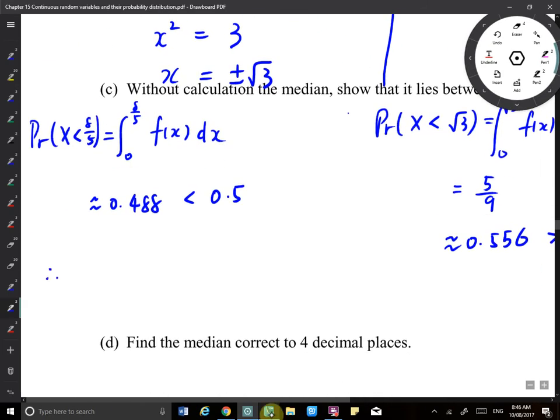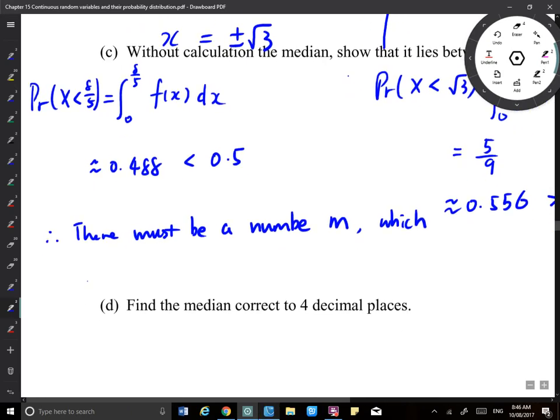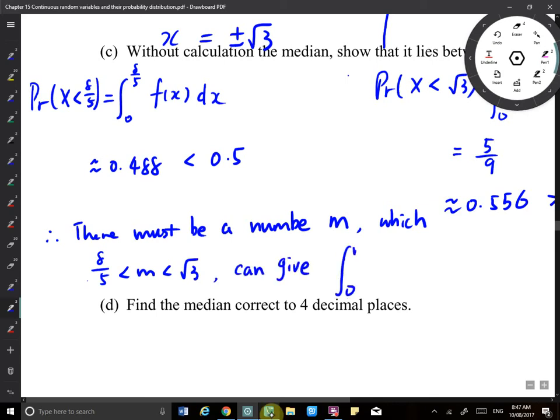So the conclusion is there must be a number m, in between those two values, that gives the integral from 0 to m of f(x) dx exactly equal to 0.5.